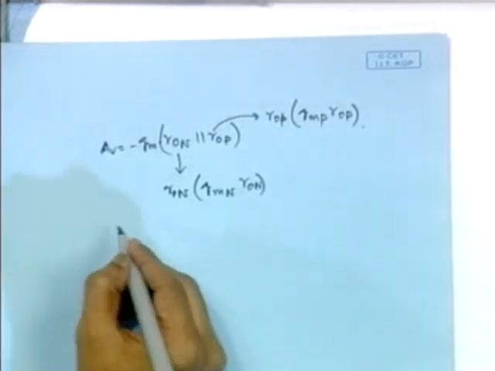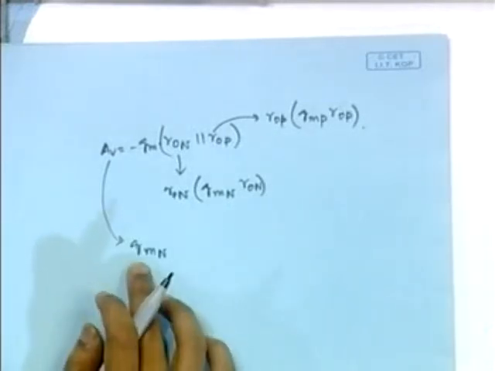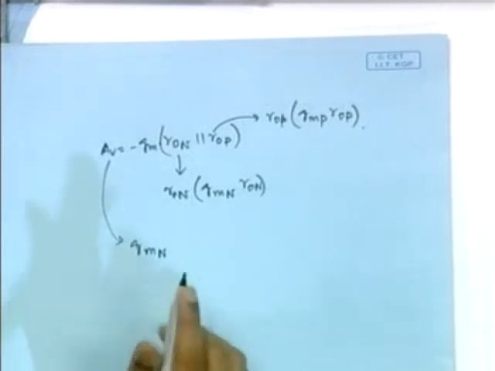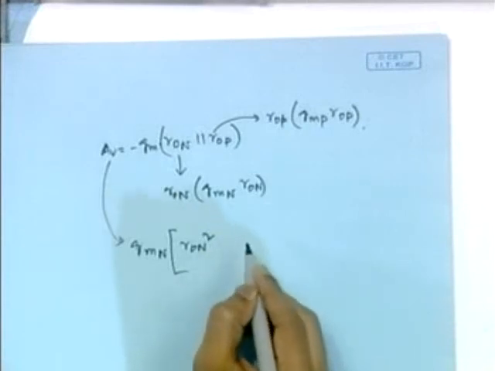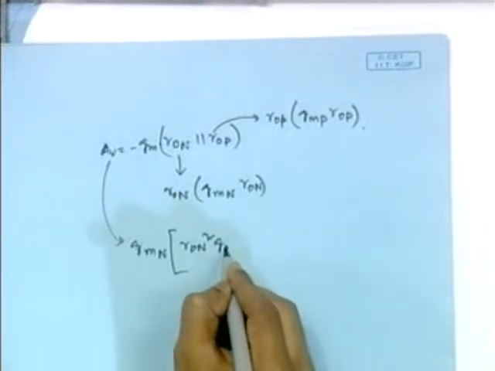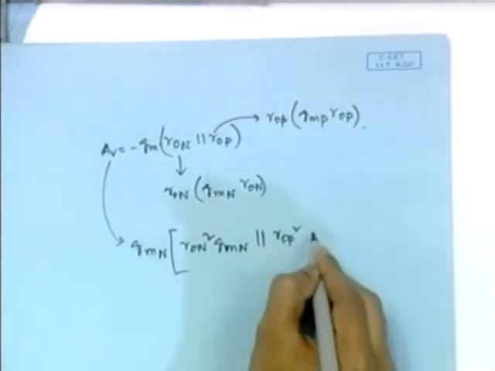The new voltage gain should be something like this. The gmN is the input stage gm that comes in the small signal voltage gain, obviously associated with the first stage transistor, which is in NMOS configuration. So this is basically gmN multiplied by R naught N squared gmN, parallel R naught P squared gmP.